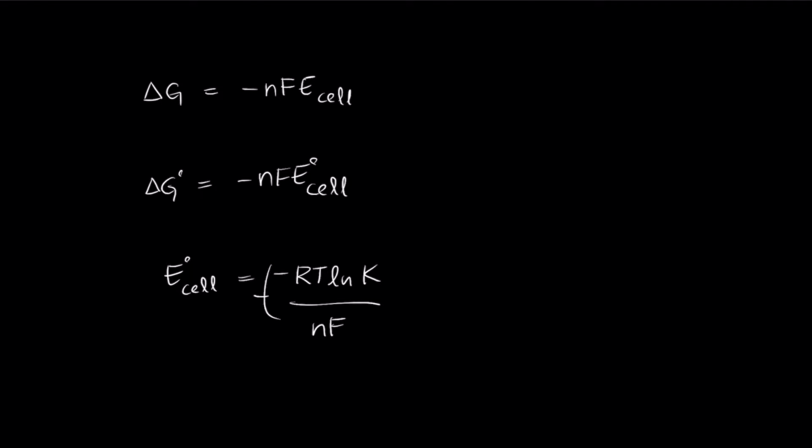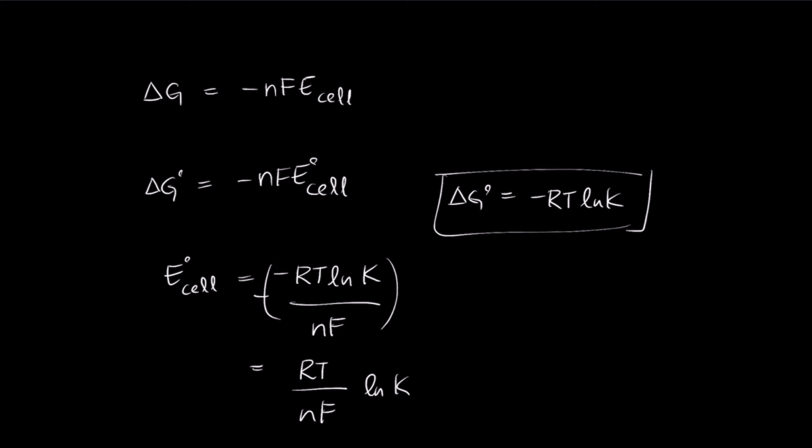So when the negative goes to the other side, you end up with RT by NF ln K. So we know that delta G prime is minus RT ln K. So this is the principle that we use in this equation. From this we can get directly the standard electrode potential of the cell, which can be calculated as RT by NF ln K.